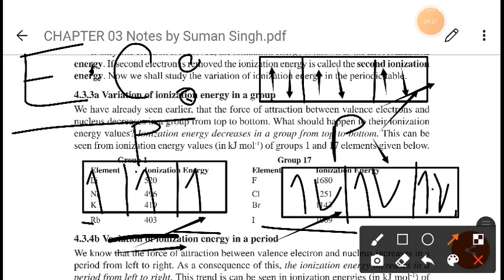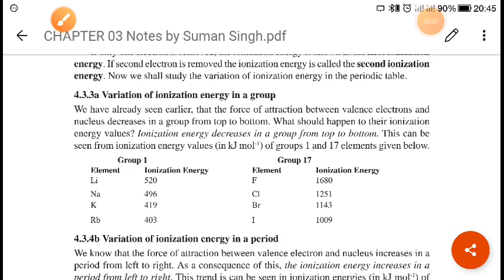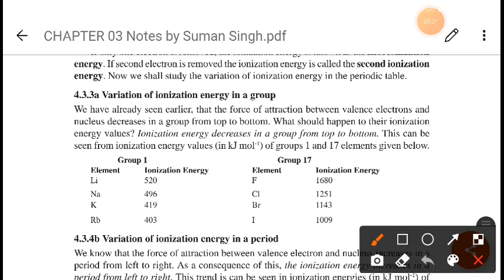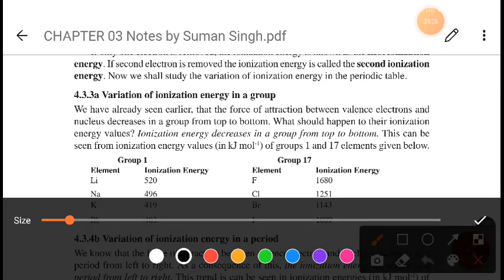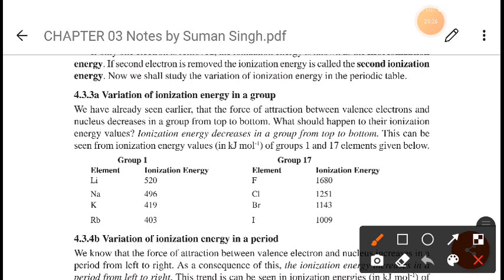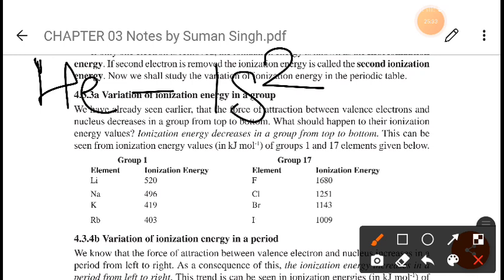If we are asked to take an example, helium has an electronic configuration of 1s2. So 1s2 means the K shell is completely filled. That is why the ionization energy of helium is much greater than that of hydrogen.